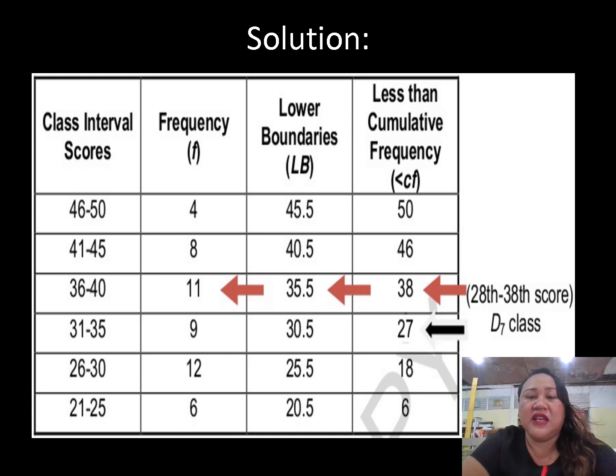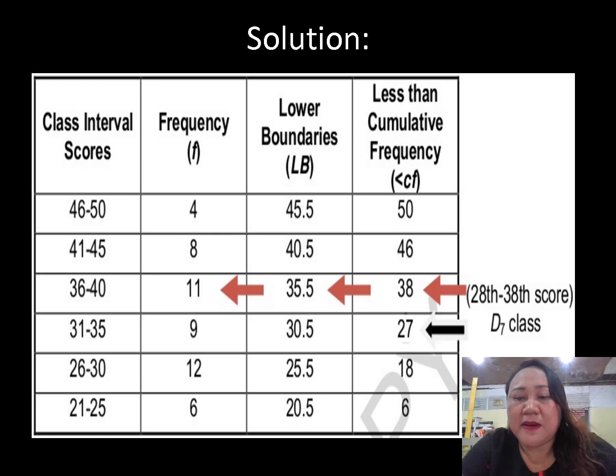Then 50 subtract 4, you get 46. 46 subtract 8, you get 38. 38 subtract 11, you get 27. 27 minus 12, minus 9, equals 18. 18 minus 12 is equal to 6. So 6 minus 6 is equal to 0. So this is now our less than cumulative frequency.